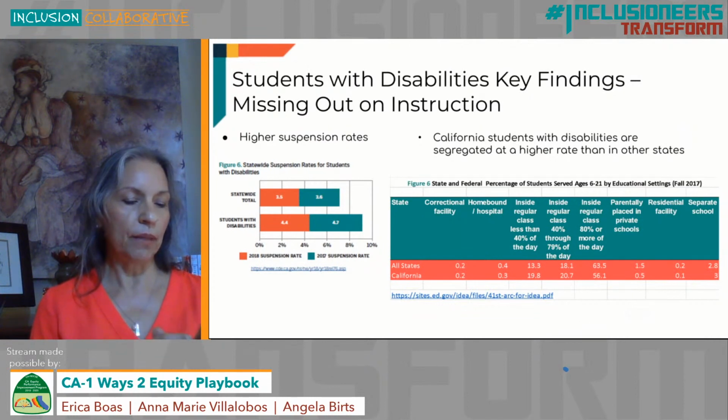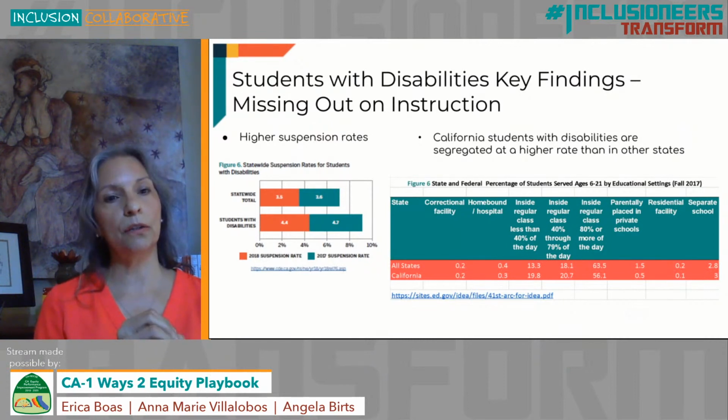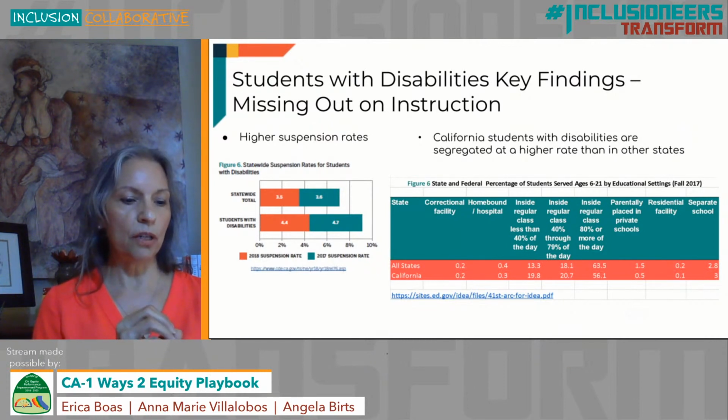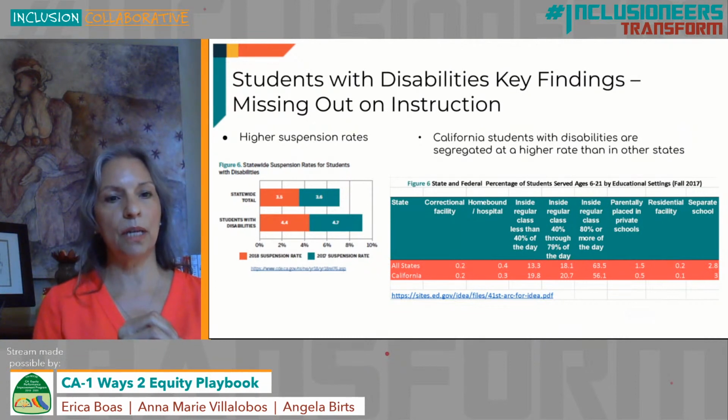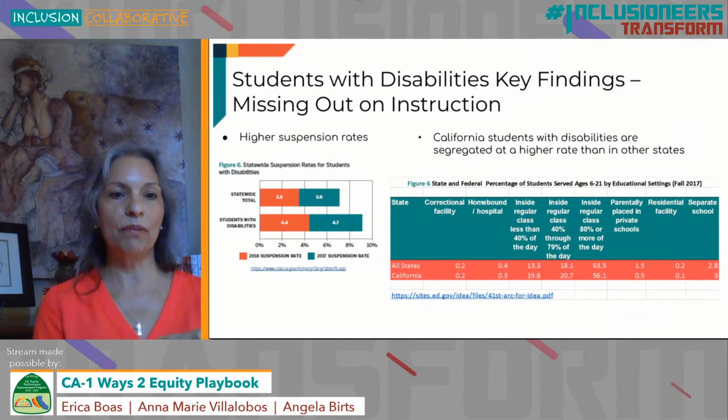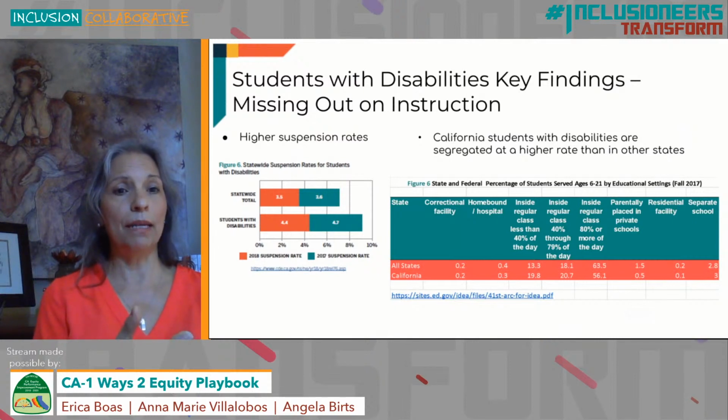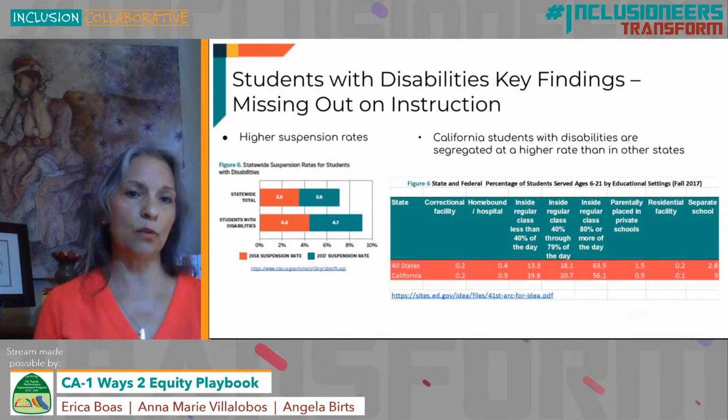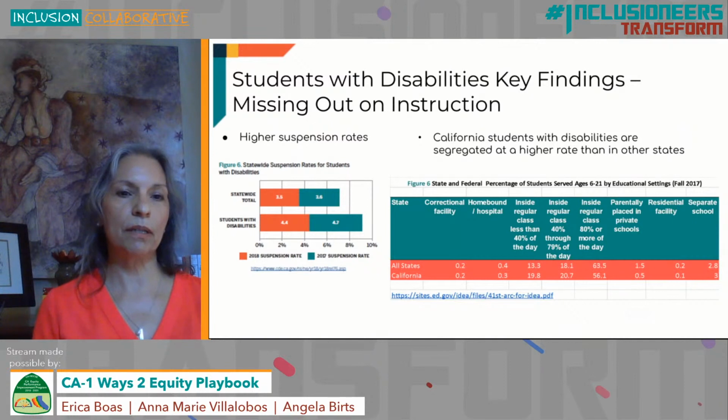And the other issue is that within the state of California, students with disabilities are more likely to be excluded from the general education classroom than their peers in other states. We have our students with disabilities in more restrictive environments, in an SDC or a resource room, at a higher rate, pulled out of the general education classroom than the rest of the country does.